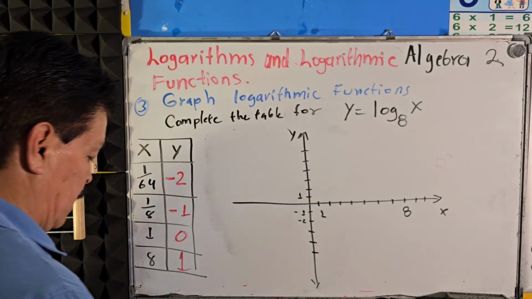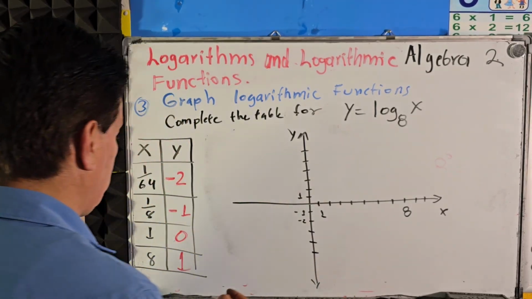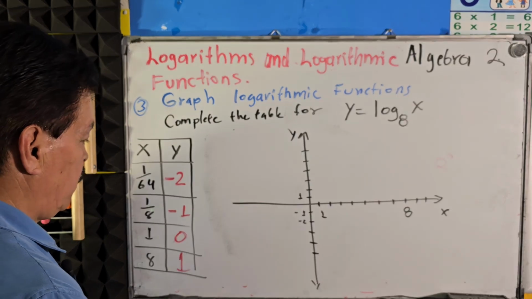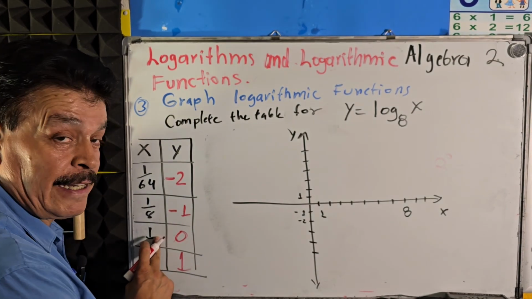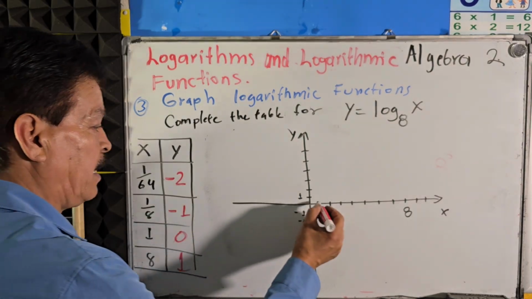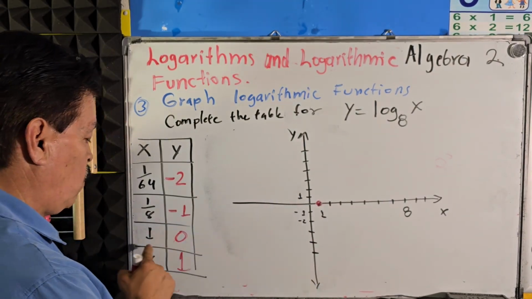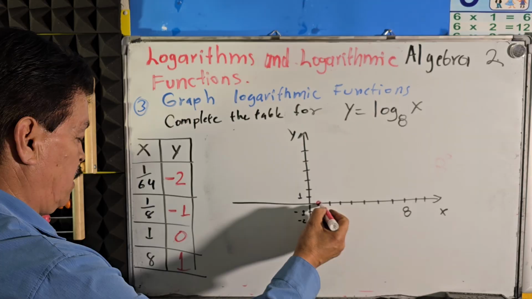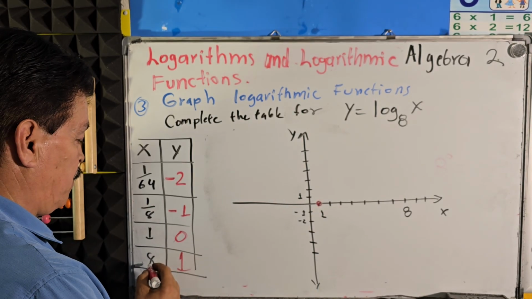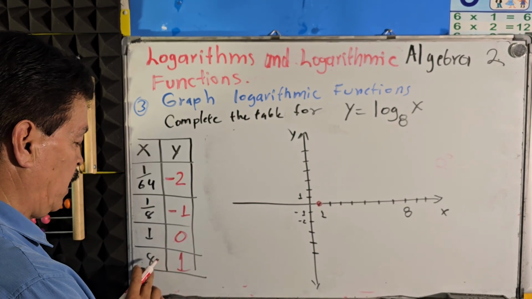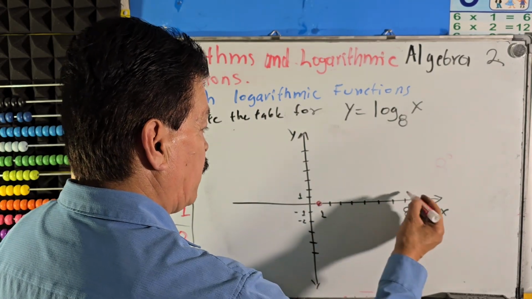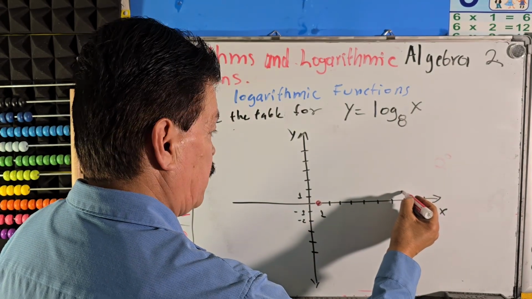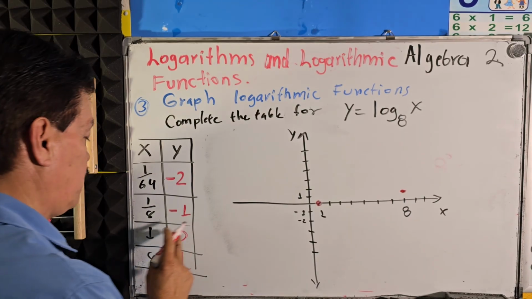Okay, let's make the graph. So the first point, we have 0 and 1. So I mean 1 and x, this one is easy. 1 and x is right here. 1 and 0 right here. The other one is another point right here, 8x and 1 in white. These are the big points.